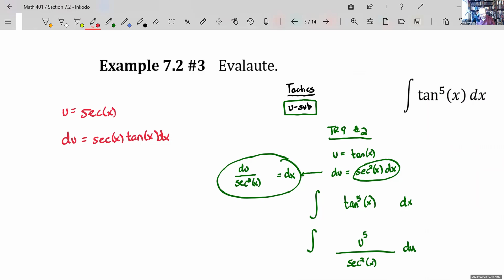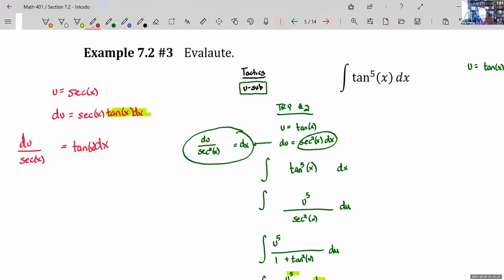But I do have a power of tangent I can steal away, and a dx. So what I'll do is keep the tangent of x dx on the right-hand side there, and I'll divide both sides by secant. So du over secant. Now in this case, actually it might work out.